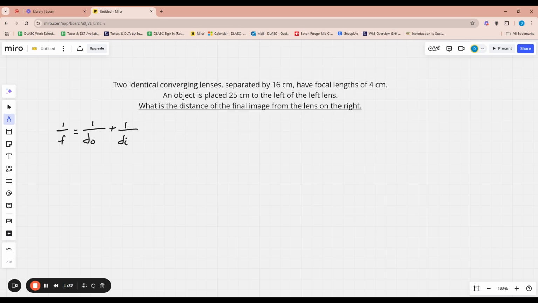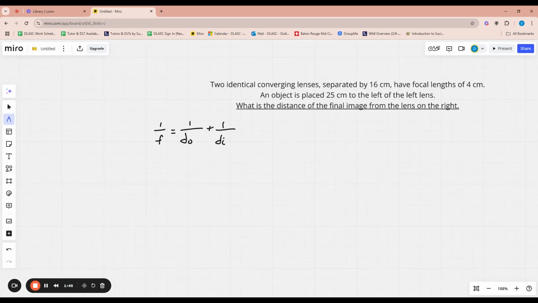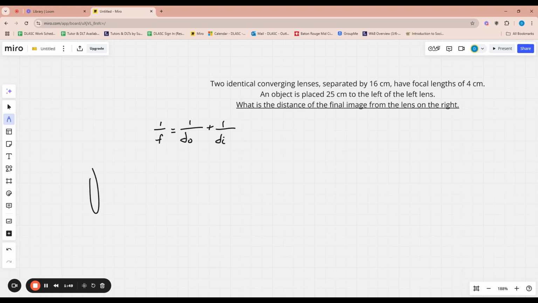So sometimes it helps to draw out the scenario that the question is asking about. So we can draw a quick sketch. So we have one lens, we have two lenses, and I'm drawing them like ovals because they're converging. The focal length is 4.